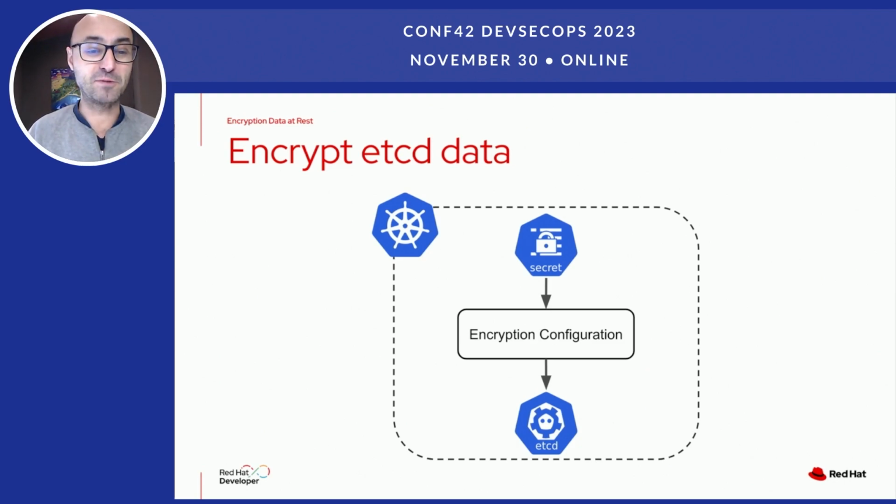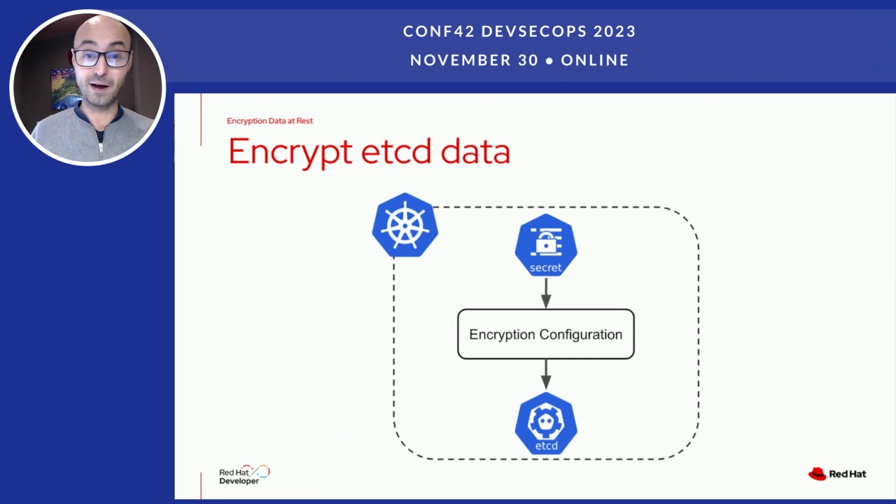So we're going to create a new object, an encryption configuration object. When you create a secret in the cluster, it will go through a phase of encryption configuration, which will encrypt the secret and then store it into etcd encrypted. Okay, this is how it works.